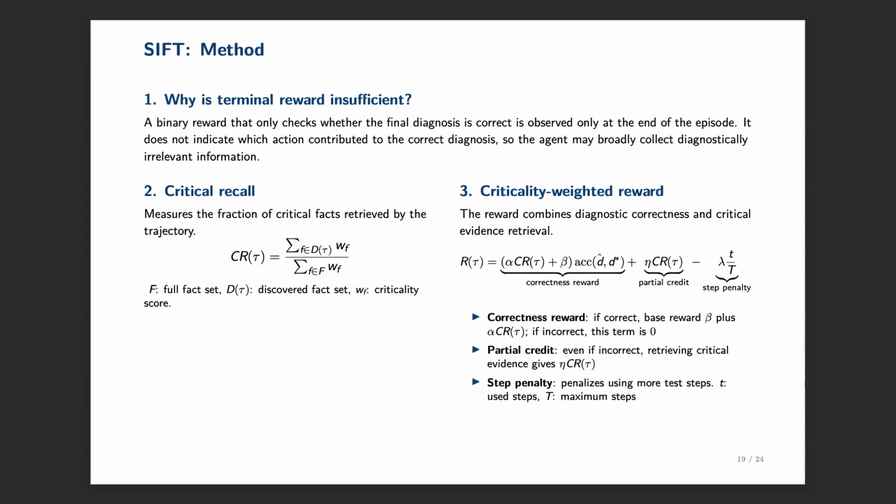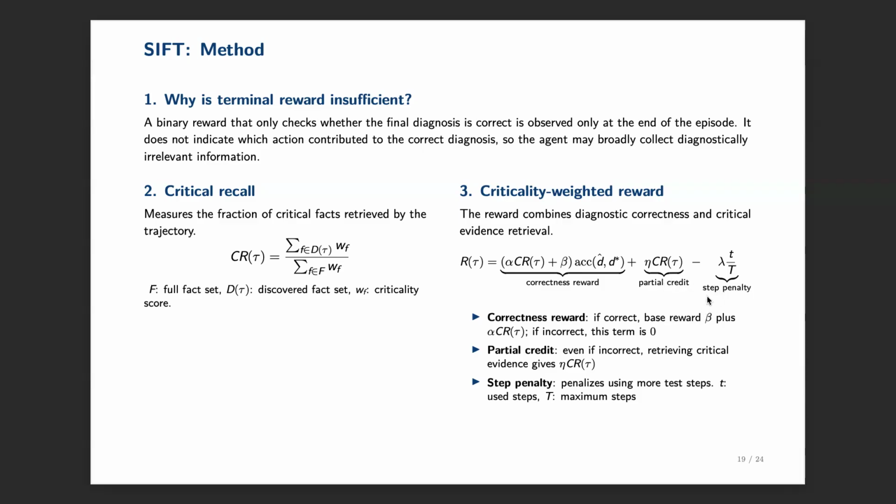So the reward combines three parts since they are using reinforcement learning. First, if the final diagnosis is correct, the model gets a correctness reward scaled by critical recall. Second, even if the diagnosis is wrong, the model can receive partial credit for retrieving critical evidence.